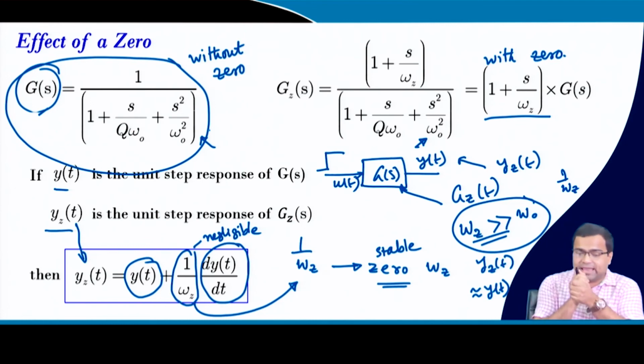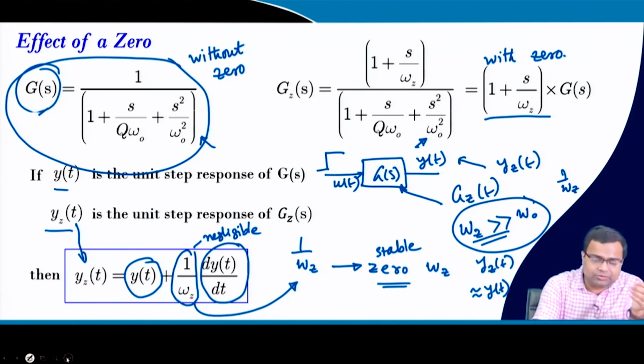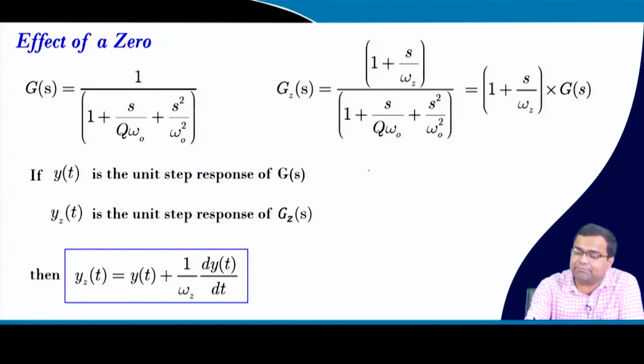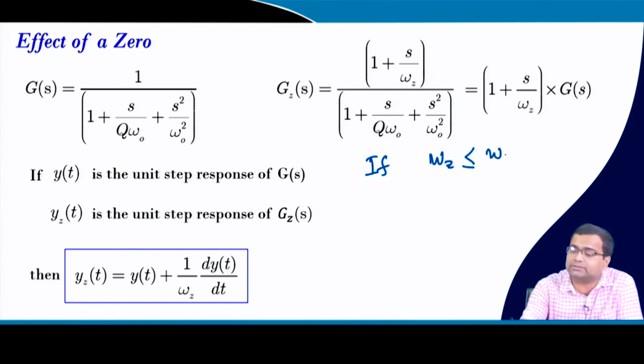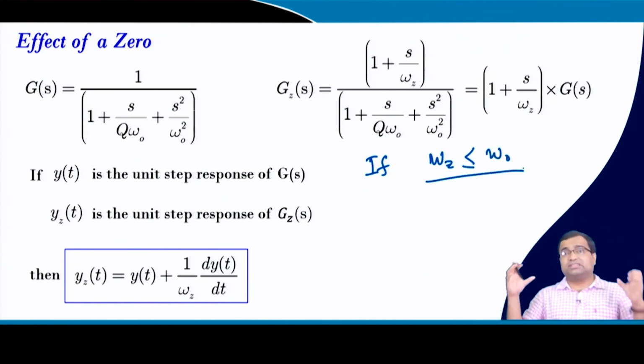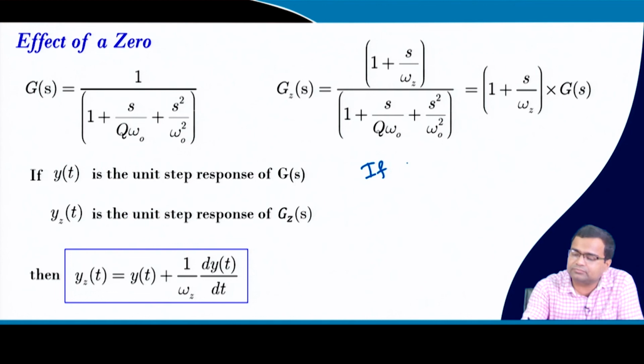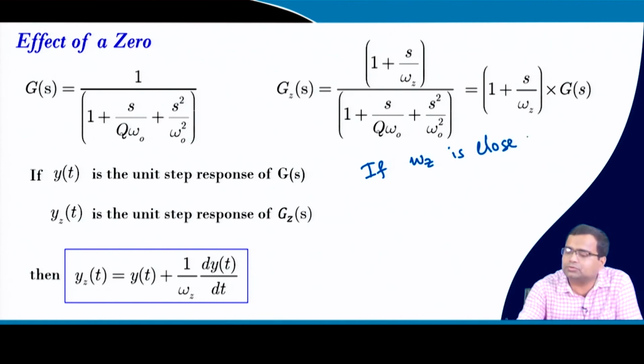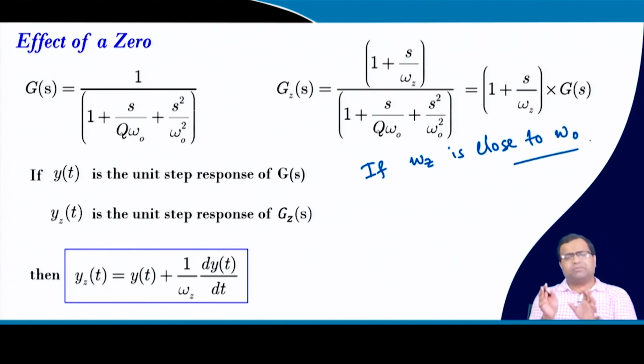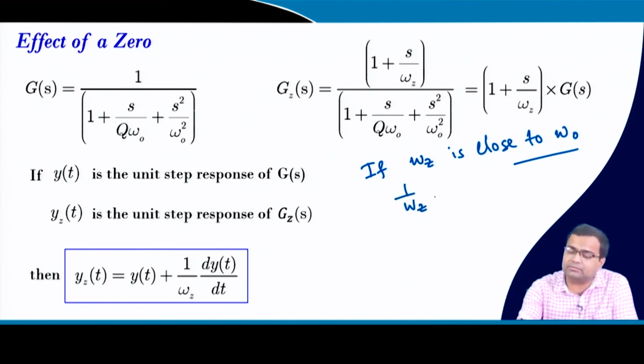The next case: if the 0 comes close to the imaginary axis, that means omega z is less than or equal to omega 0, or rather, omega z is close to omega 0, it may be slightly higher or lower, then 1 by omega z is not negligible.